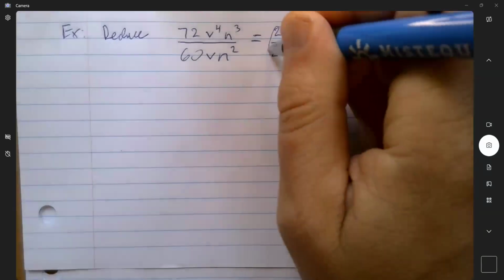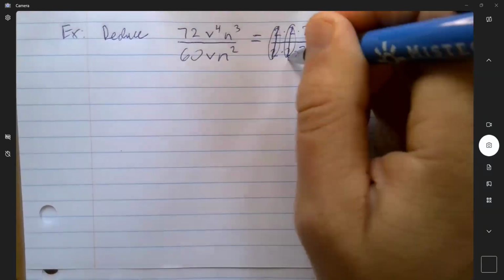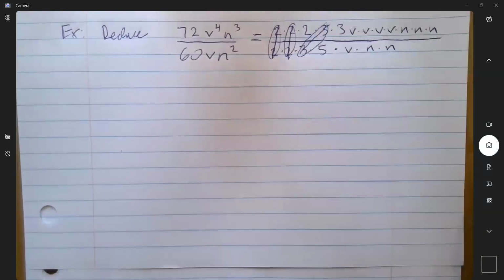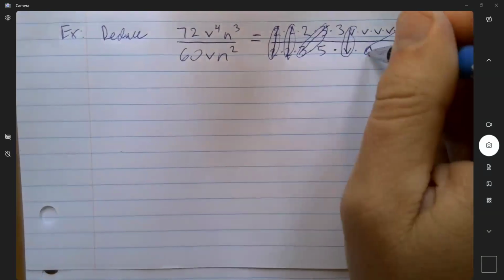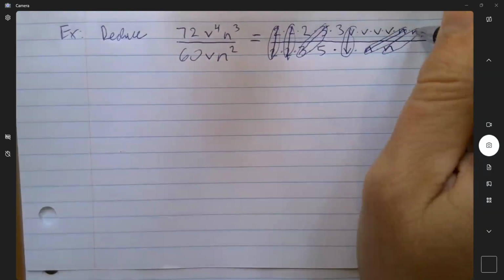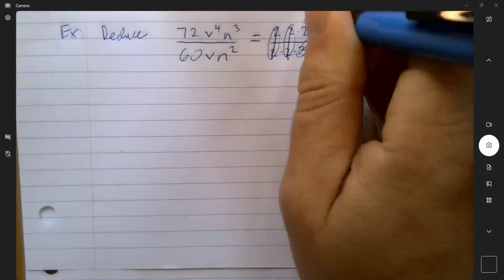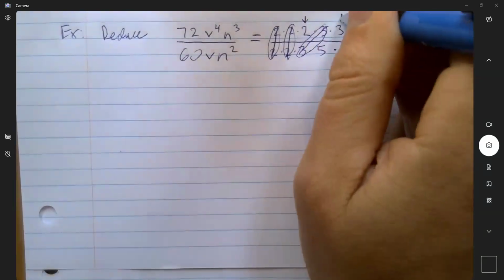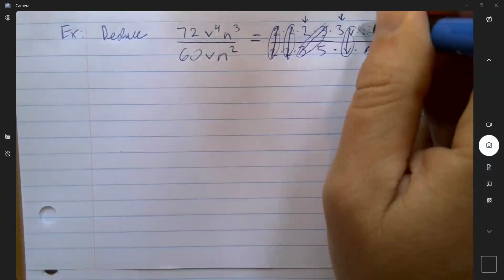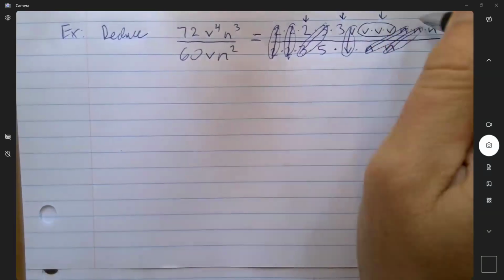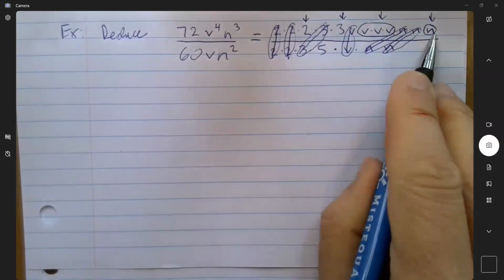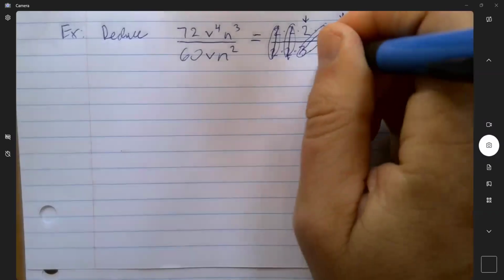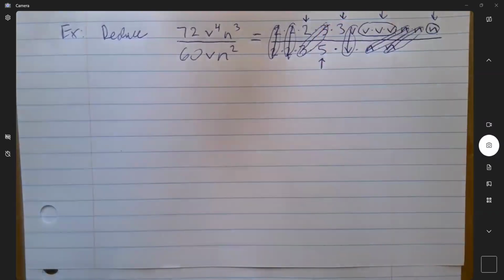And then we cancel shared primes, cancel those, cancel those, cancel those, and shared variables. One of the v's cancels and 2 of the n's cancel. So I'm left with, I'll use a little arrow this time, a 2, a 3, v, n on the top, and on the bottom, looks like I'm left with just a 5.